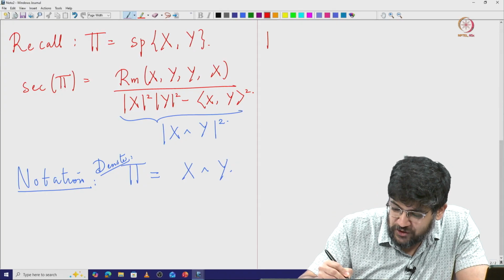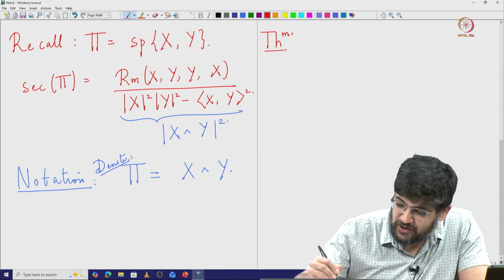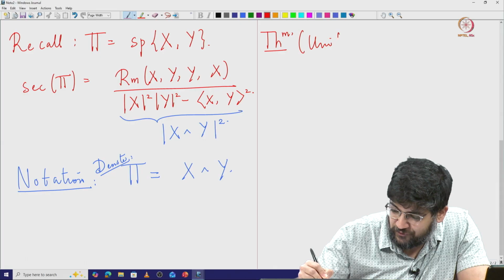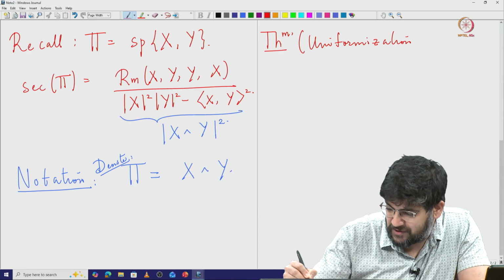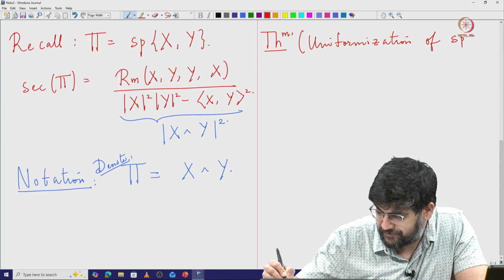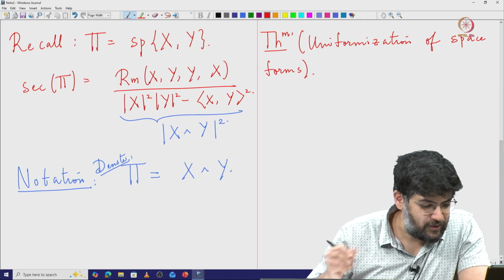Alright, so here is the main theorem that we would like to prove in the next few lectures. This is called the uniformization of space forms. Okay.